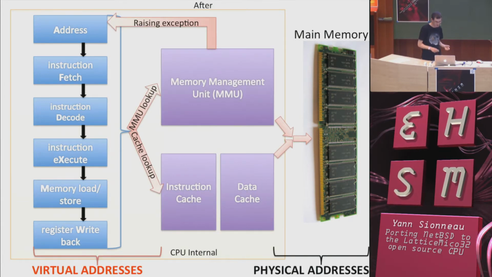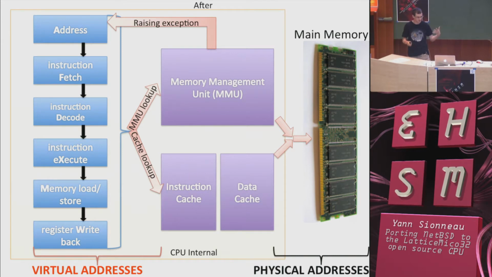So we're going to add something to this diagram, which is the memory management unit, and which is going to do the translation. So now, on the left, the pipeline is only manipulating virtual addresses. Why are they virtual? Because they never, ever end up accessing main memory. Instead, you are going to do a memory MMU lookup.